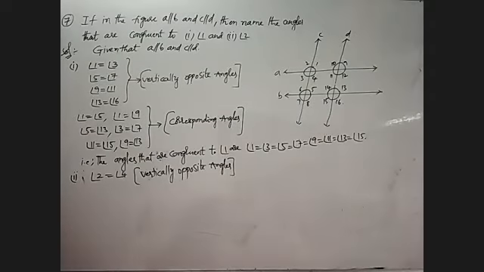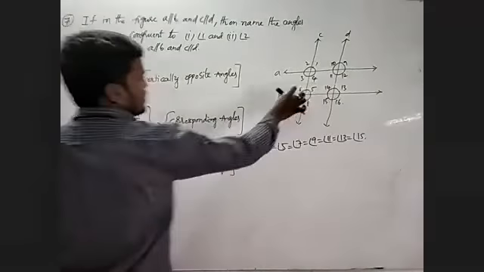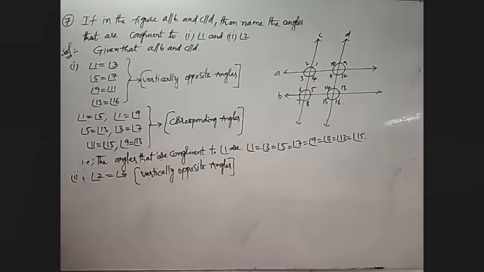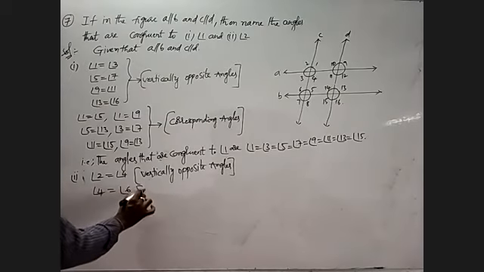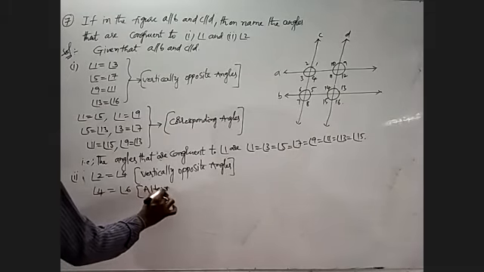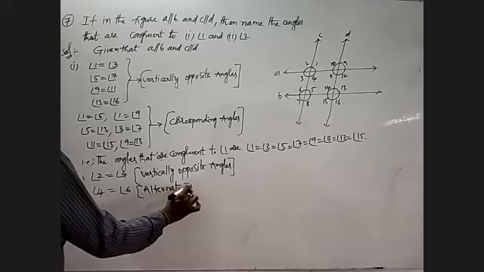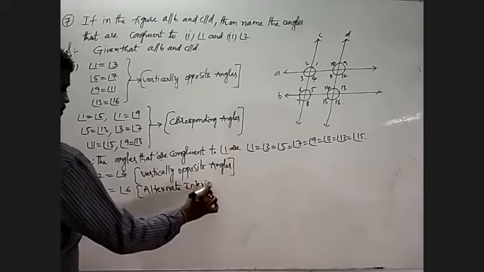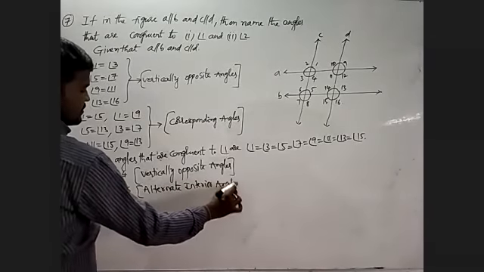After that I will write angle 4 is equal to angle 6. That is alternate interior angles.